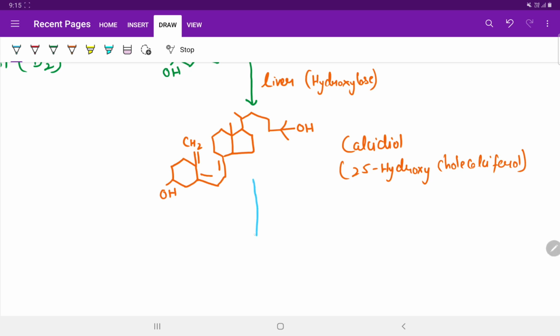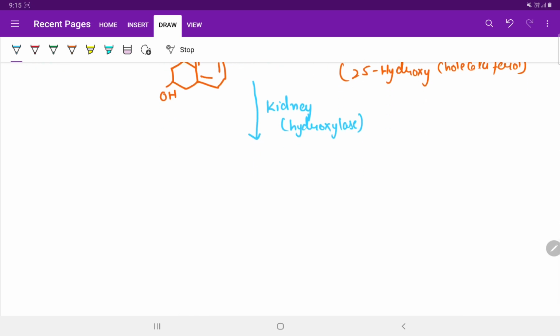This reaction occurs in the kidney in presence of enzyme hydroxylase, alpha hydroxylase basically. Another OH group will be added, and the rest of the structure remains the same. The OH group that is being added is on the first position here.